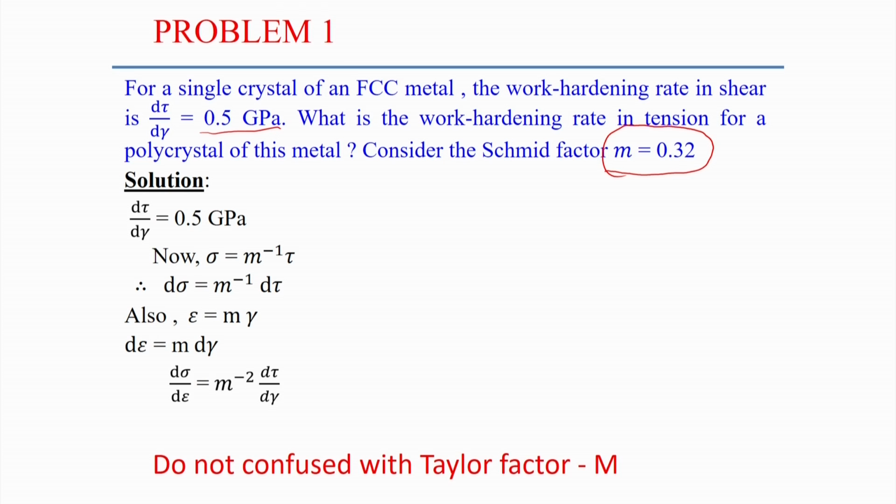So, single crystal structure FCC metal, and we are given the work hardening rate in shear. This d tau by d gamma represents the work hardening rate in shear in the case of a single crystal structure, and it is given as 0.5 gigapascal.